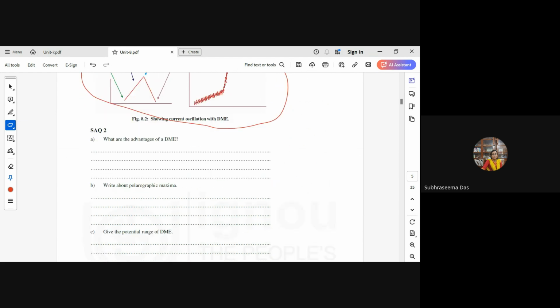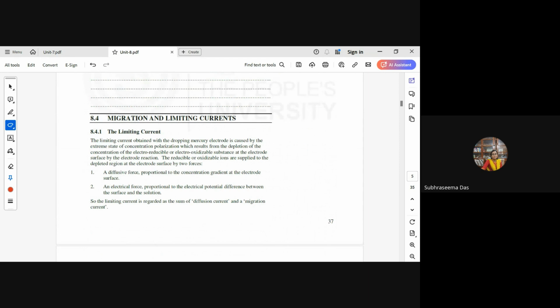Then migrating and limiting currents. First is the limiting current. The limiting current obtained in the dropping mercury electrode is caused by the extreme concentration polarization, which results from the depletion of the concentration of the electrode deposited substances at the electrode due to the surface electrode reaction.